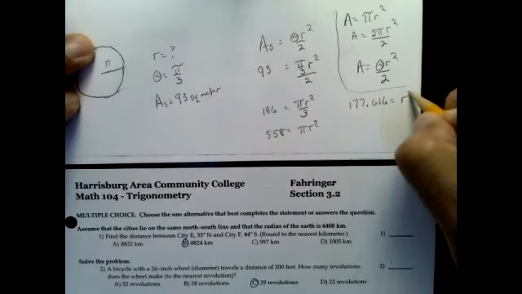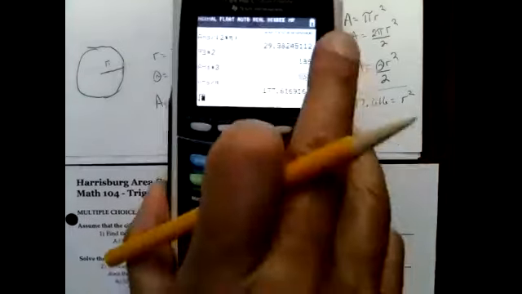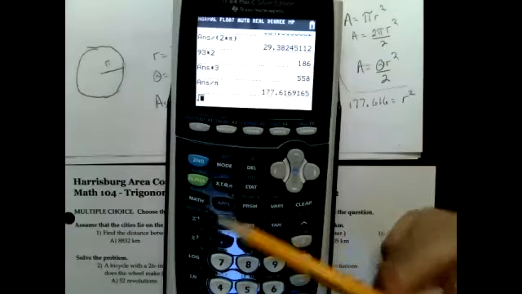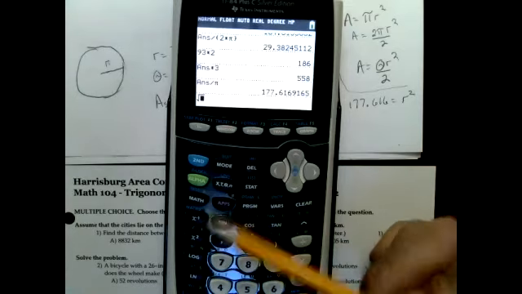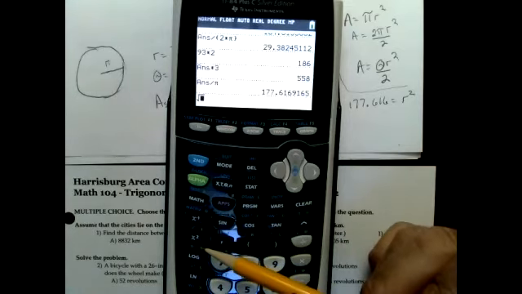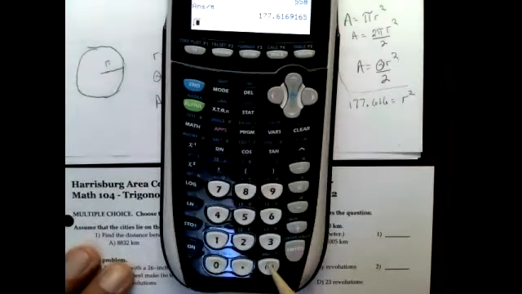So now I have 177.616 equals r squared. Now I'd like to take the square root of that number. And I see that second blue again. I hit second and then came down here to x squared. And now I'd like to grab that answer instead of typing it in. Down here in the bottom, it's answer.